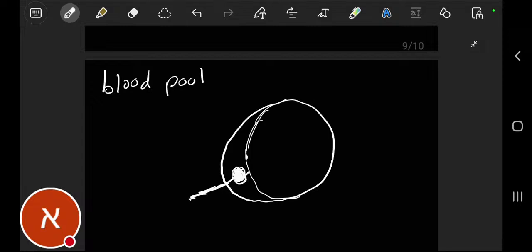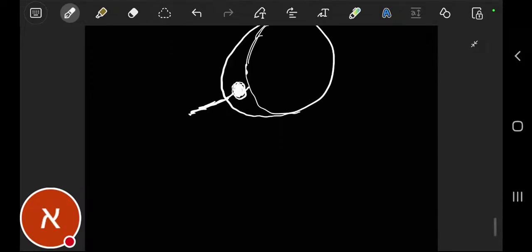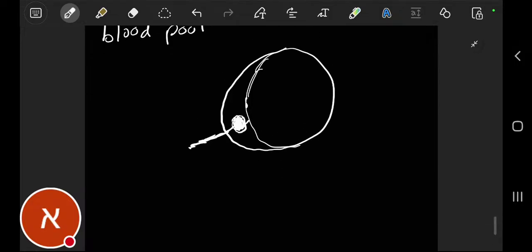Now, what we can see on axial imaging will be like this. It will be almost exactly the same on axial imaging. Some hyperintense lesion, like focal enhancement, let's call it enhancement, so the blood vessel can go right over there.